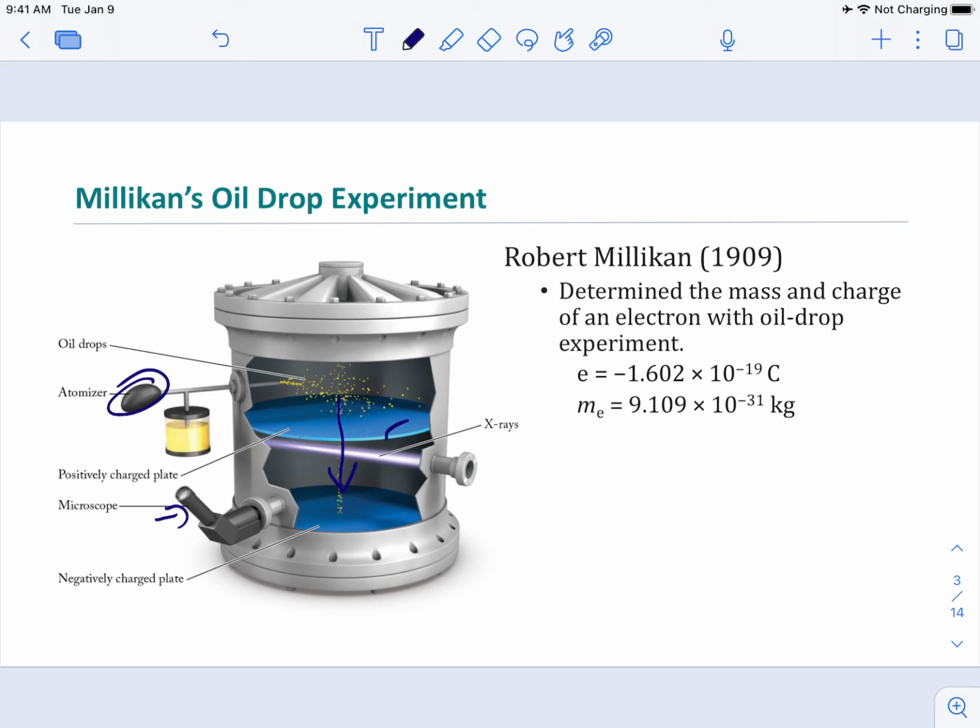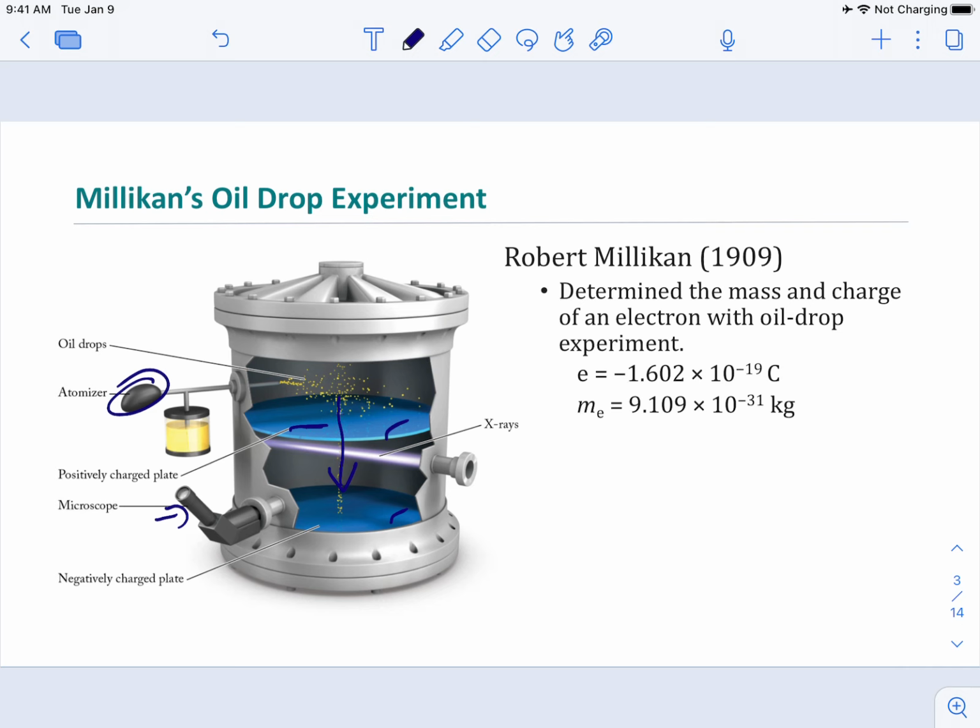So by adjusting these fields here, he can control the rate at which it falls, because if these particles are negatively charged, which Thompson determined, they're going to be attracted towards this positively charged plate, and therefore he could slow the rate at which it falls effectively. And the extent to which that changes allowed him to calculate the charge on the electron, because the slower it would fall, the greater the negative charge.